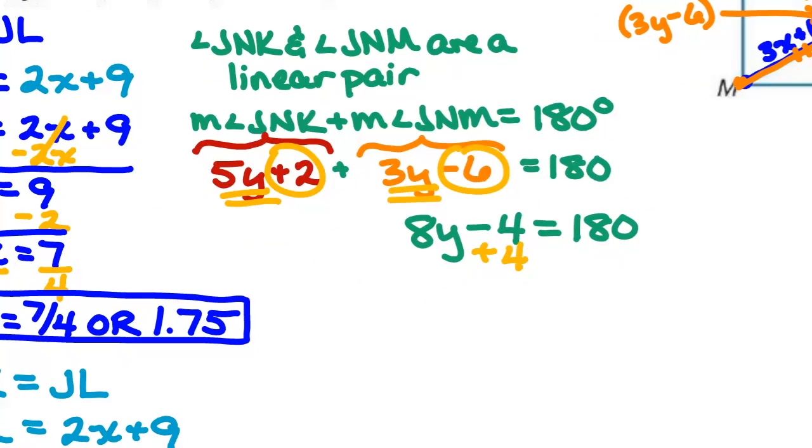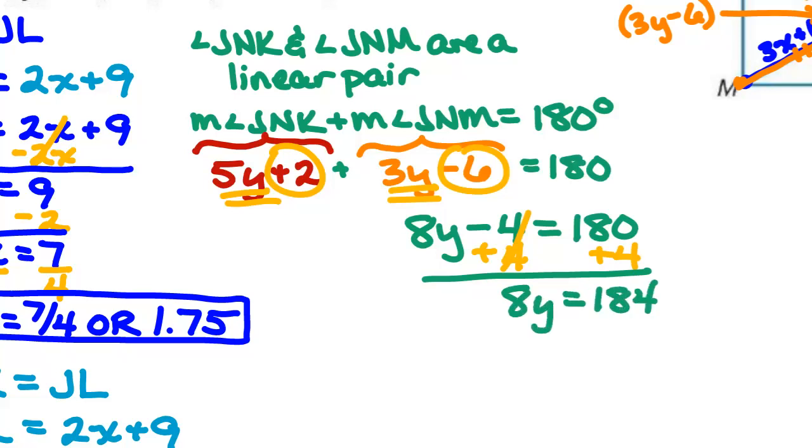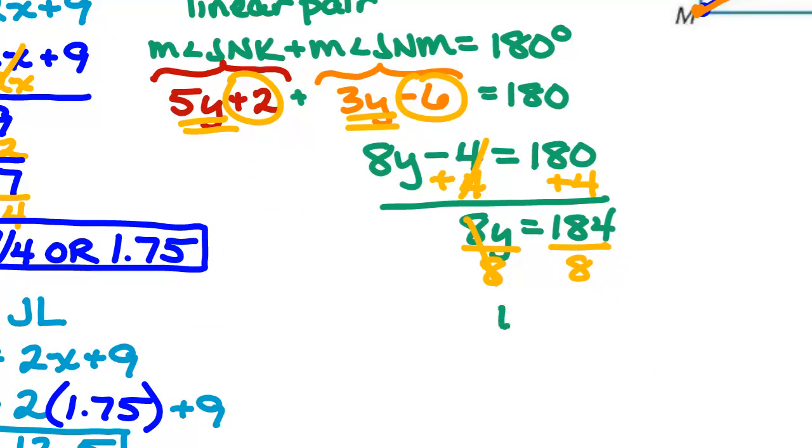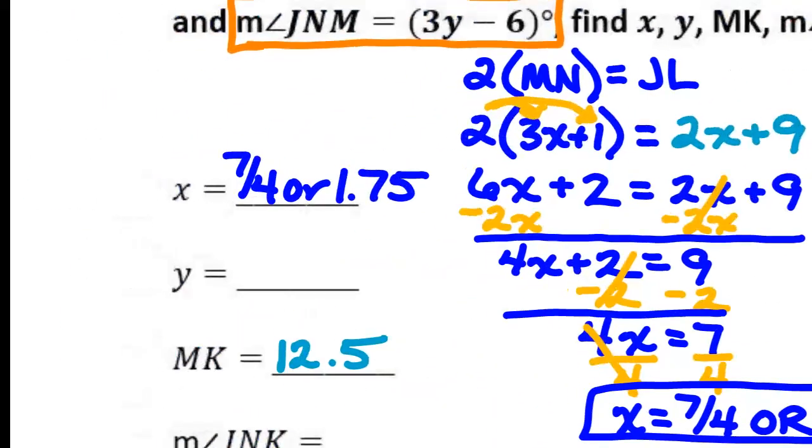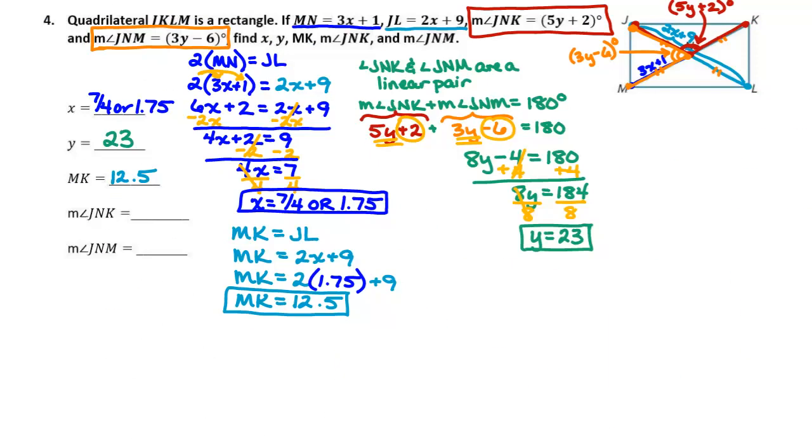Then we're going to add 4 to both sides. So 8y equals 184. Then we divide both sides by 8. And what do we get? 23. Y is 23. All right.